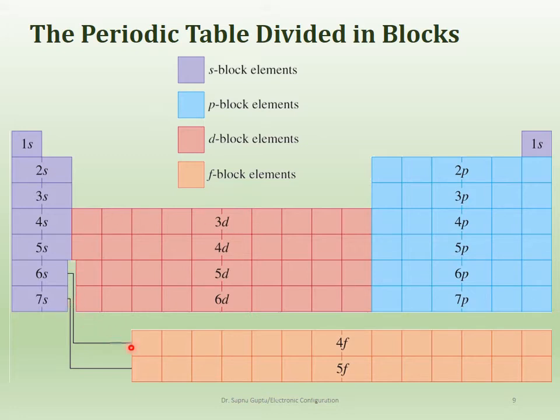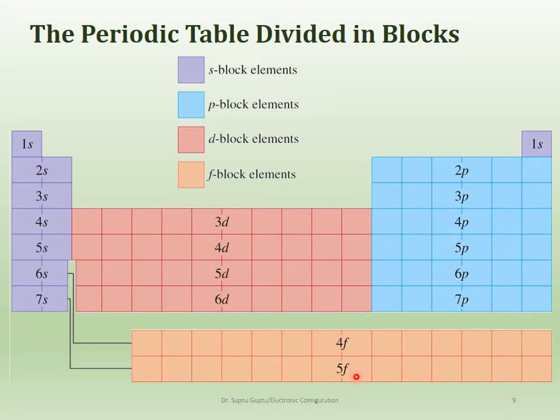From the middle over here, we have the F blocks. F can have up to 14 electrons, because remember F was coming from 4, from 3, excuse me, and so it can have 7 different orientations. Therefore you have 14 electrons in the F block, and currently we have 2 of the F blocks, 4F and 5F.